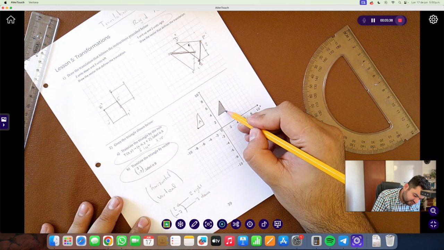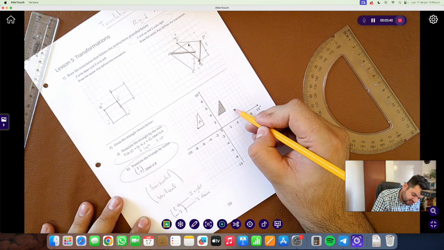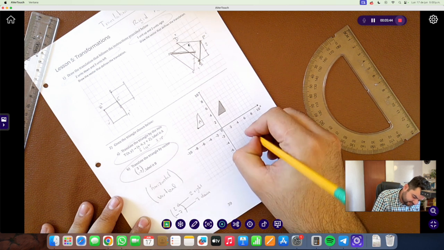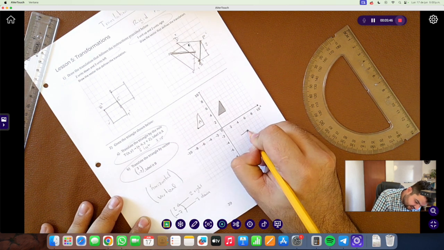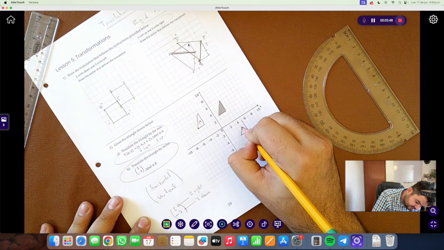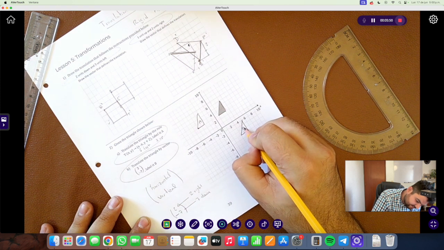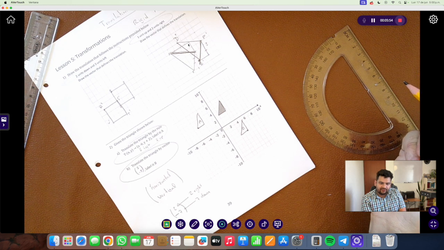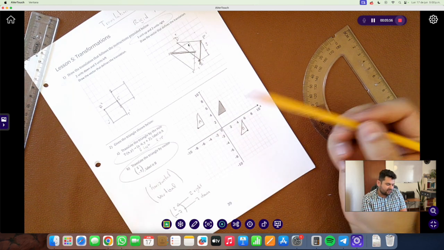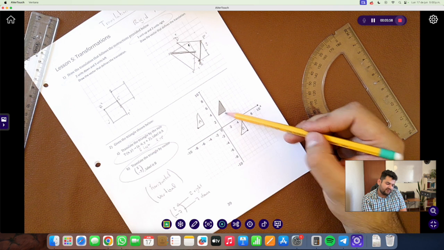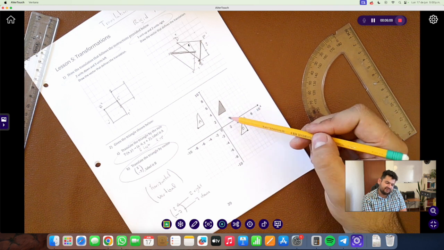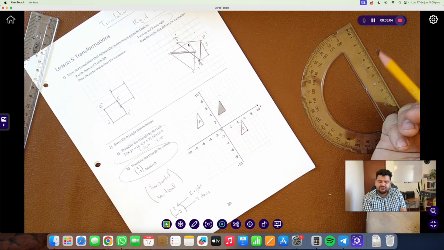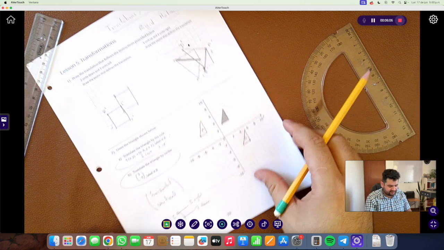So it goes 1, 2, 1, 2, 3, 4, 5, 6, 7. And here I just copy the triangle. Or instead of moving one vertex and copying the shape, you can move one vertex and then the other and then the other, that's also okay, as you decide.